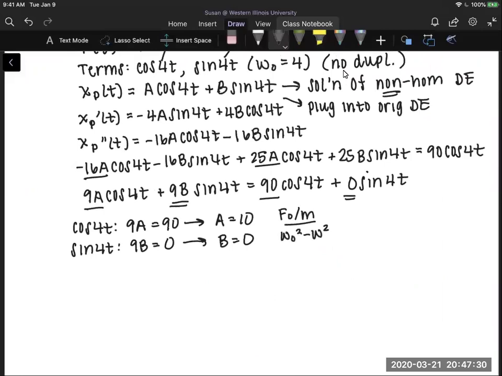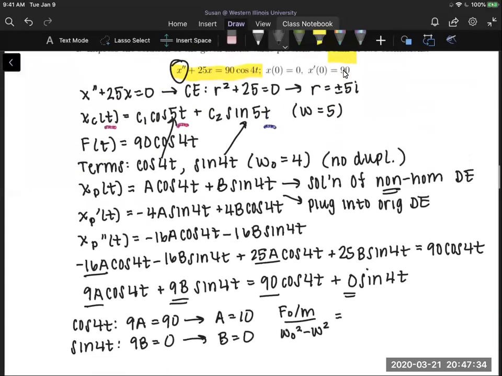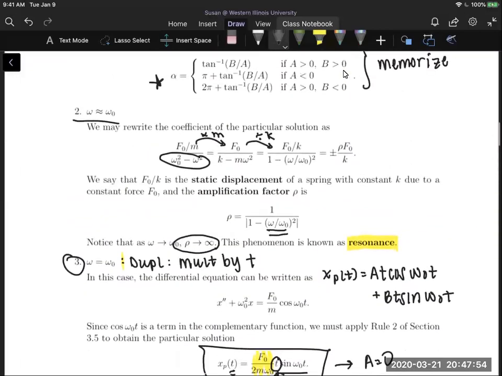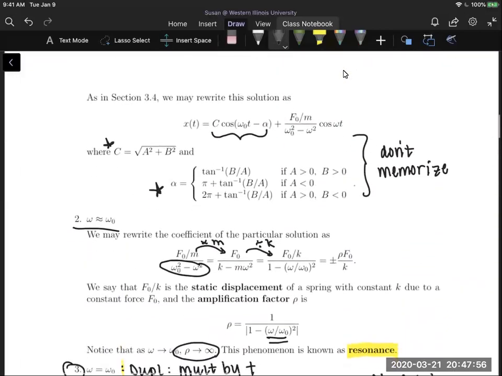And let's just see what this is. Remember what each of these coefficients stands for. The f naught is the coefficient in front of the cosine in the original problem, which is 90. M, of course, is the coefficient in front of x double prime, which is just 1. Omega naught, do I have those backwards? Let me flip back up here again. Nope, that's right.